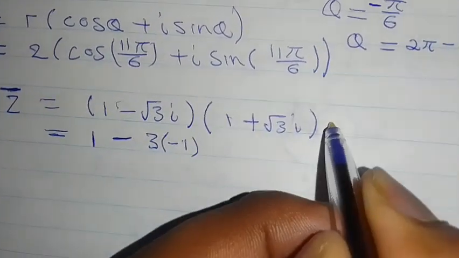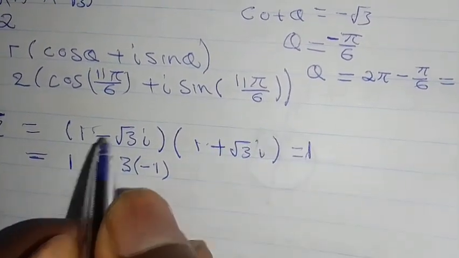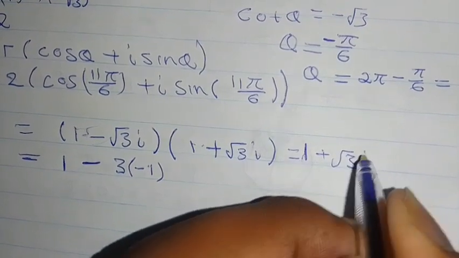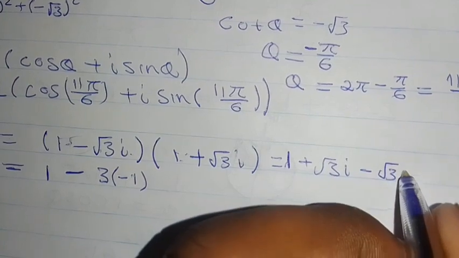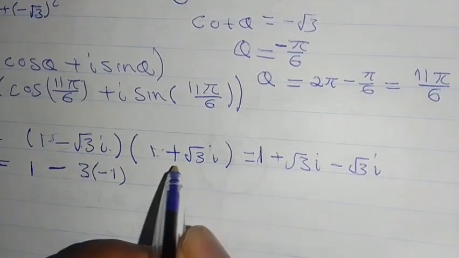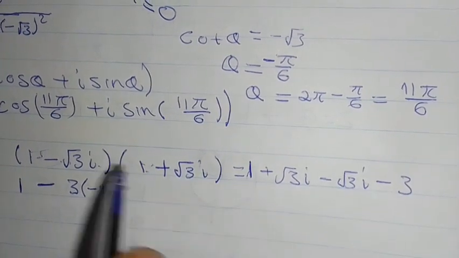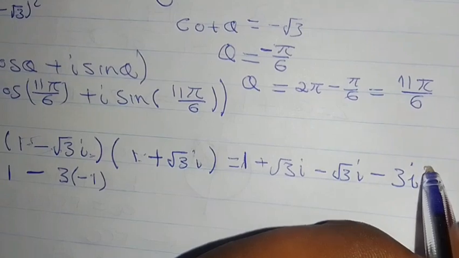How this came to be is because you have 1 by 1, that's 1. 1 by positive root 3i, that will be root 3i. Minus root 3i by 1, that will be minus root 3i. And then minus root 3i by root 3i, that will be minus 3, because the square roots will technically cancel, and then you'll have i by i, which is just going to be i squared.